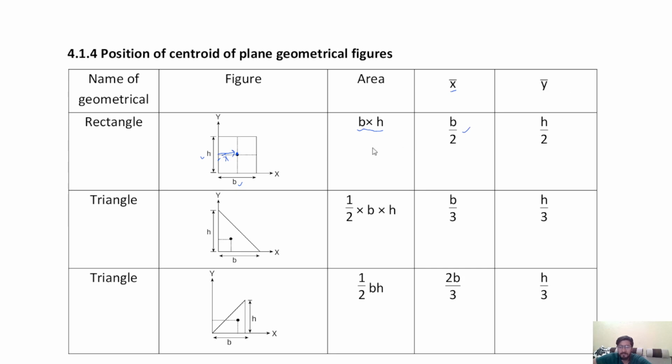And y bar, the distance from the reference x axis to the centroid of the given figure, is equal to h by 2.